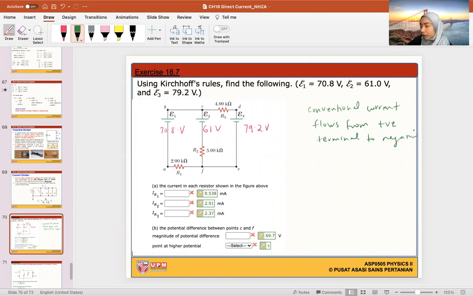Okay, so I think this should be in your book. I'm not sure. Conventional current flow is a type of definition, so you could be questioned on it. It's a definition. So in your direct current, conventional current flow.